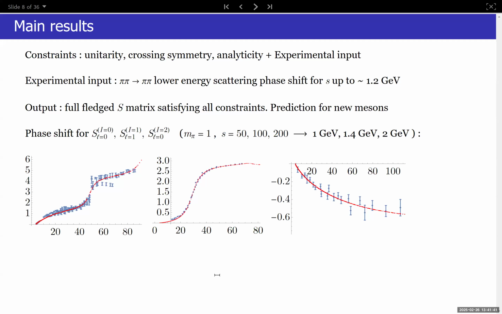So for S equals 50, 100, 200, that roughly corresponds to 1 GeV, 1.4 GeV, and 2 GeV. And the vertical axis is the phase shift of the S matrix. In those plots, you see those blue error bars. That's the experimental data.